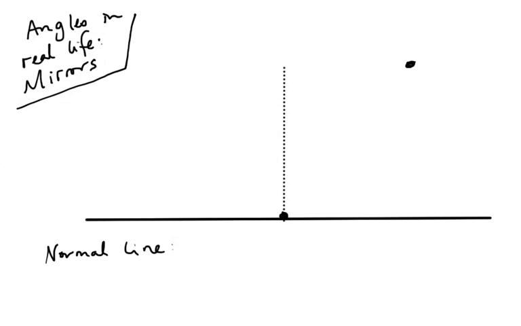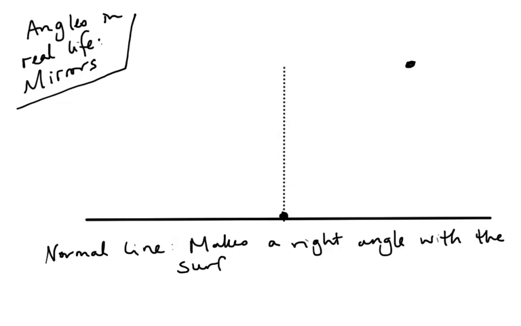And a normal line makes a right angle with the surface. So in this picture, this right here is a right angle.